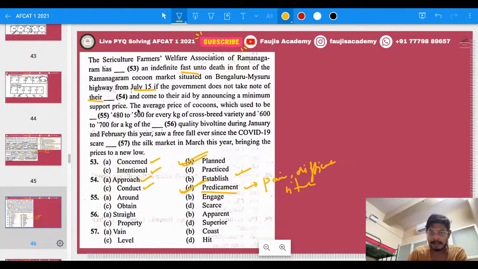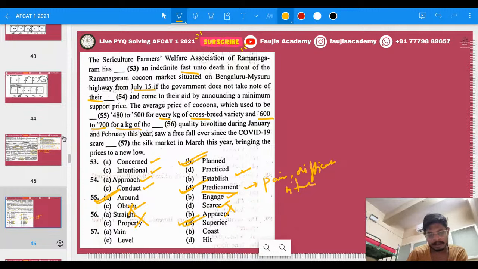a minimum support price. The average price of cocoons, which used to be around 480 to 500 for every kg of crossbreed variety, and 600 to 700 for a kg of a what quality? Straight quality, property quality, apparent quality, superior quality.